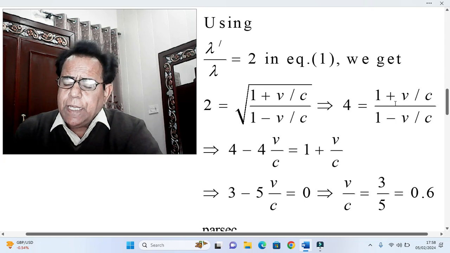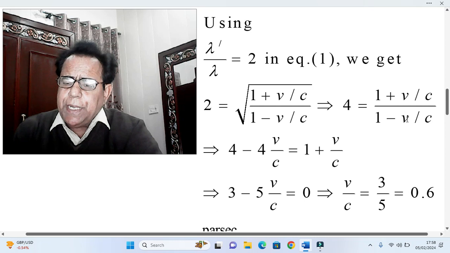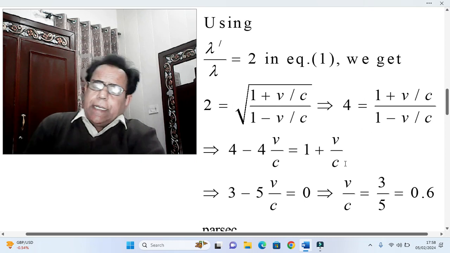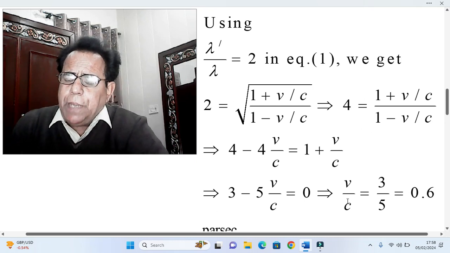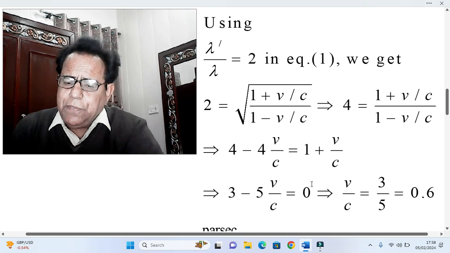Here the numerator on the right hand side is still as it is. We have shifted the denominator to the other side of the equality, and by doing so it has become a numerator there, multiplied with 4, and hence we have got this expression. From here we will simplify it.